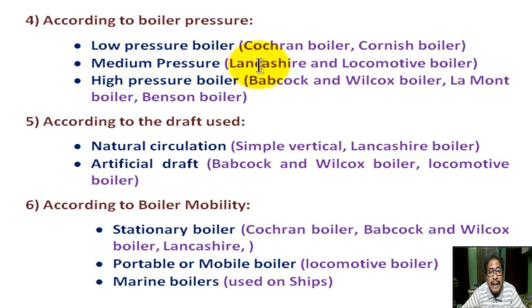Example, Lancashire boiler, locomotive boiler, etc. Next, high pressure boiler, when pressure inside the boiler is greater than 20 bar, then it is called high pressure boiler. Example, Babcock and Wilcox boiler, Lamont boiler, Benson boiler, etc.